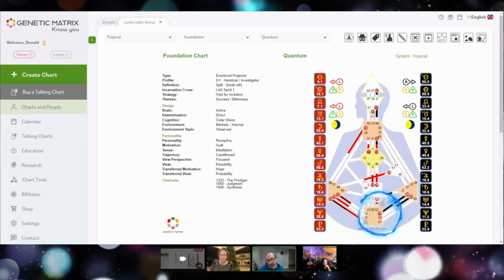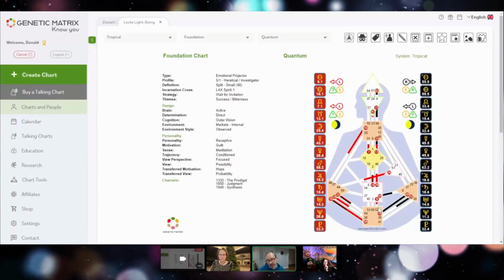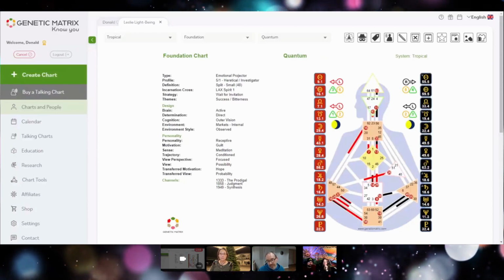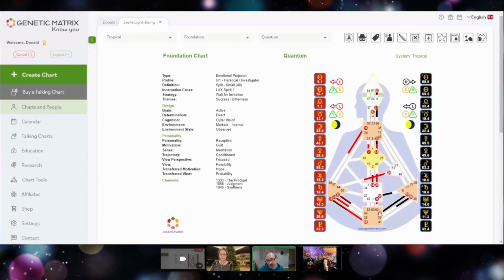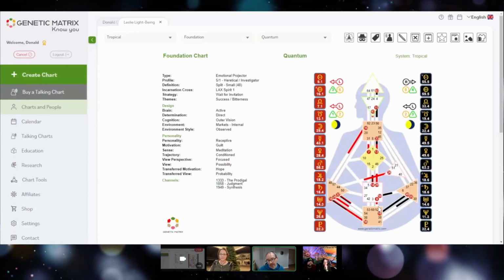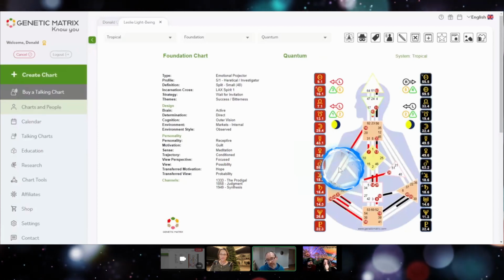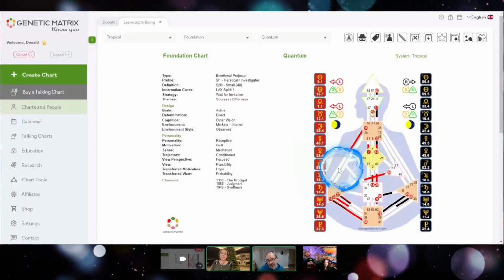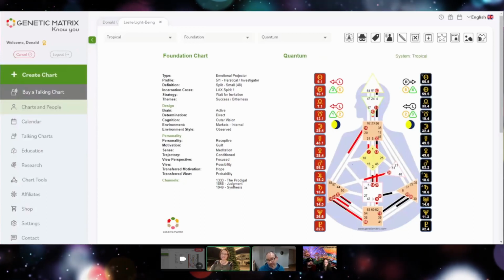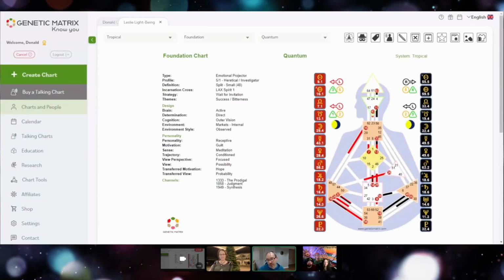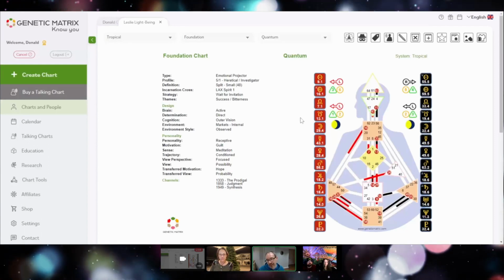And because you don't have the gate 52, you may have trouble sitting still to focus on things. If you can't sit still to focus on something, that may lead you back to the gate 48, feeling like you don't have enough depth in that area. Does that make sense?